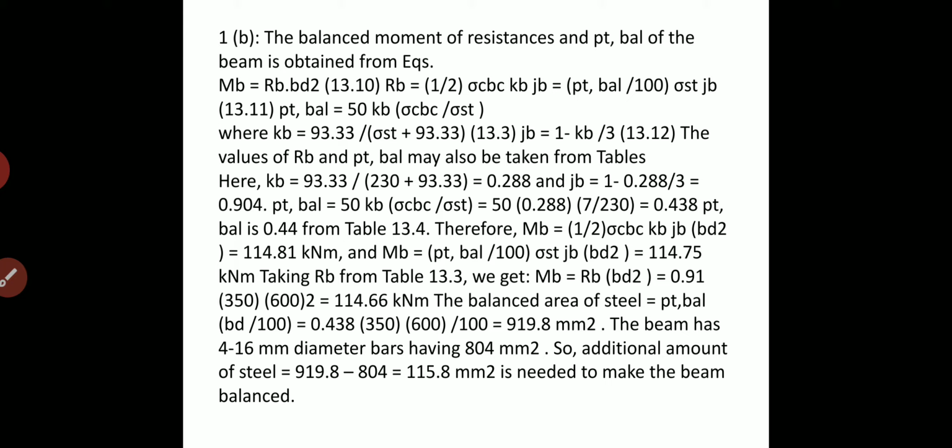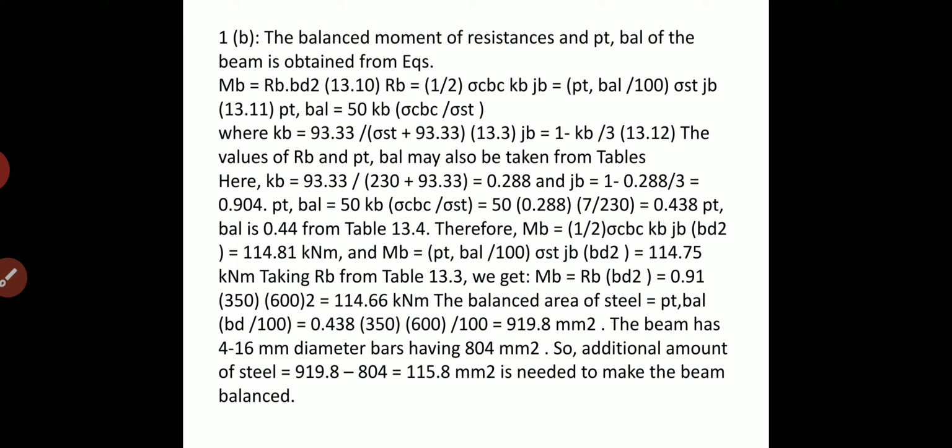The balanced area of steel is PT balance into BD by 100 equal to 0.438 into 350 into 600 divided by 100, and we get 919.8 mm square.